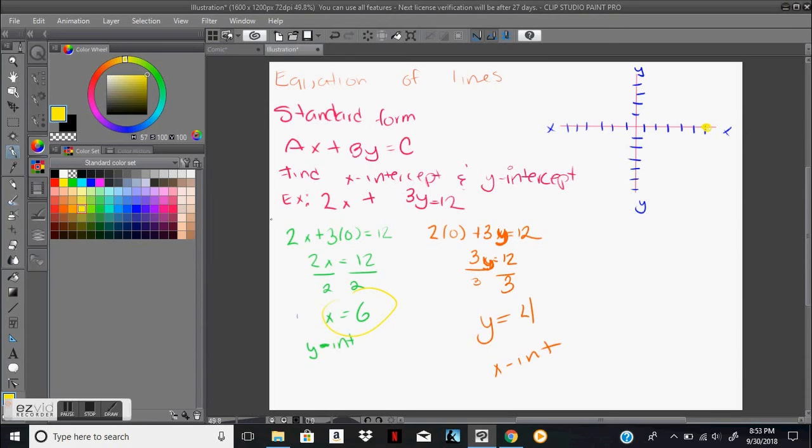And then we graph the y on the 4. And we run a line through those points. And then we label this equation as 2x plus 3y equals 12.